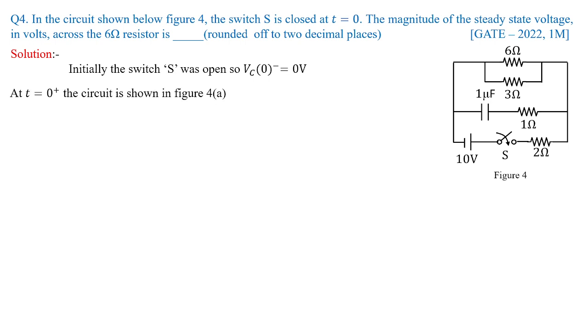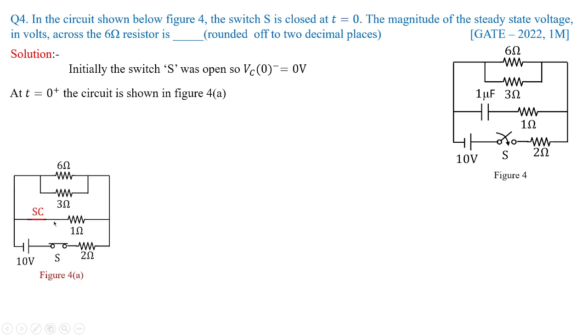At t equal to 0 plus, the circuit is shown in figure 4a. So this is how the circuit would look at t equal to 0 plus. As soon as the switch is closed, the capacitor will act as a short circuit initially, and hence this is how the circuit would be obtained under figure 4a.